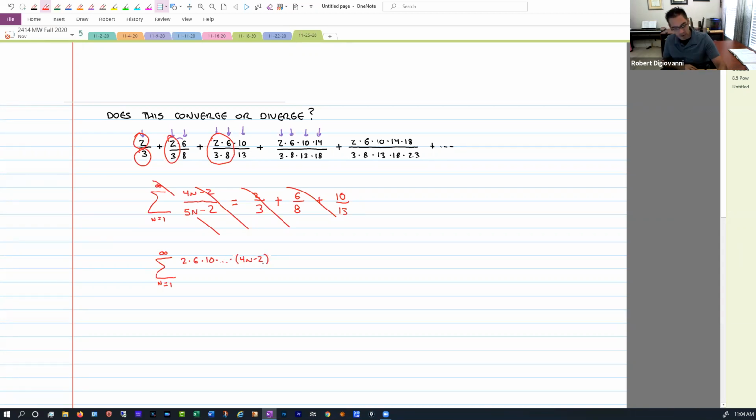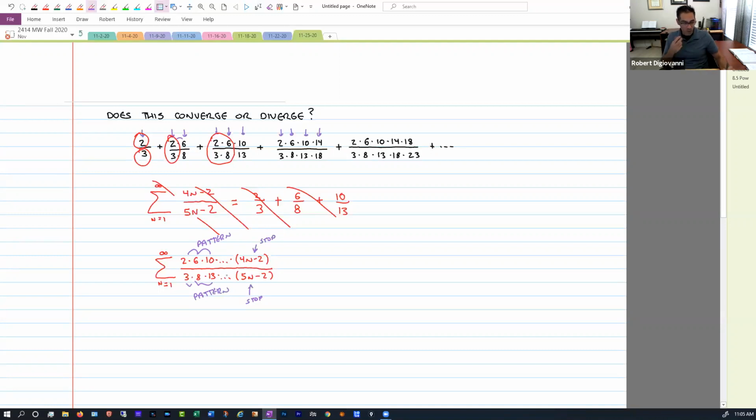All right, so let me just write that out, and then I'm going to write below it the bottom, which is going to be 3 times 8 times 13 times, and I'm going to keep doing that, and I will stop when I get to 5n minus 2. So this here is telling you where to stop, right? And then these are just to establish the pattern of what you're doing, okay? This is to establish your pattern.